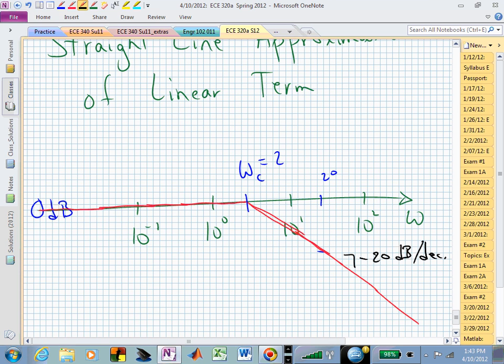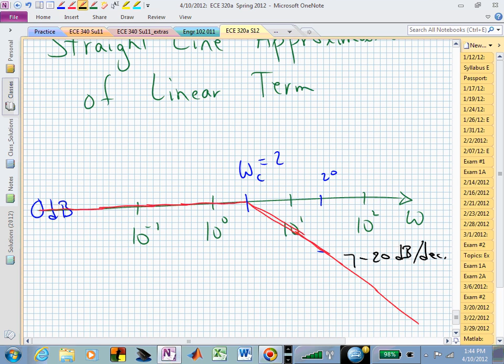What's the magnitude of 1 plus j? So now we have a right triangle with sides equal to 1. What's the hypotenuse? Square root of 2. So now we have 1 over the square root of 2. And you see this all the time, don't you? 1 over the square root of 2 is 0.707. In dB, what is that? Minus 3 dB. So the true curve is 3 dB down at the break frequency.